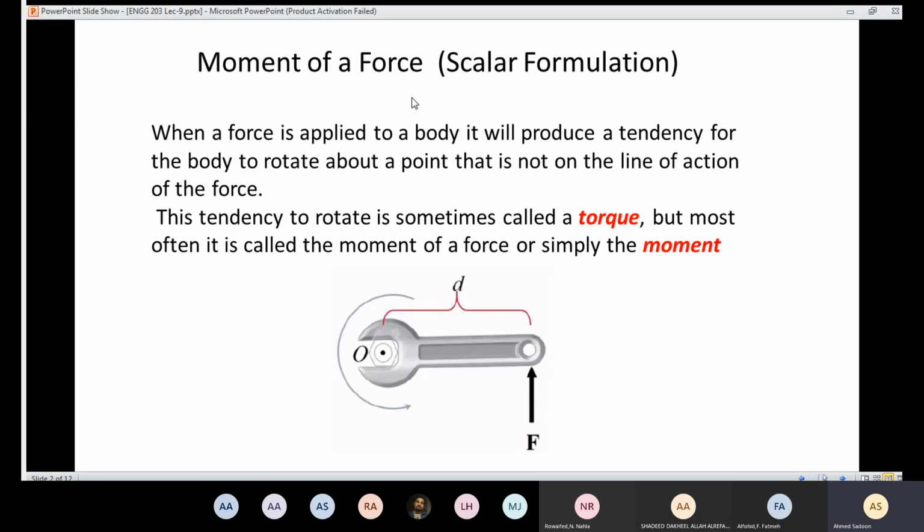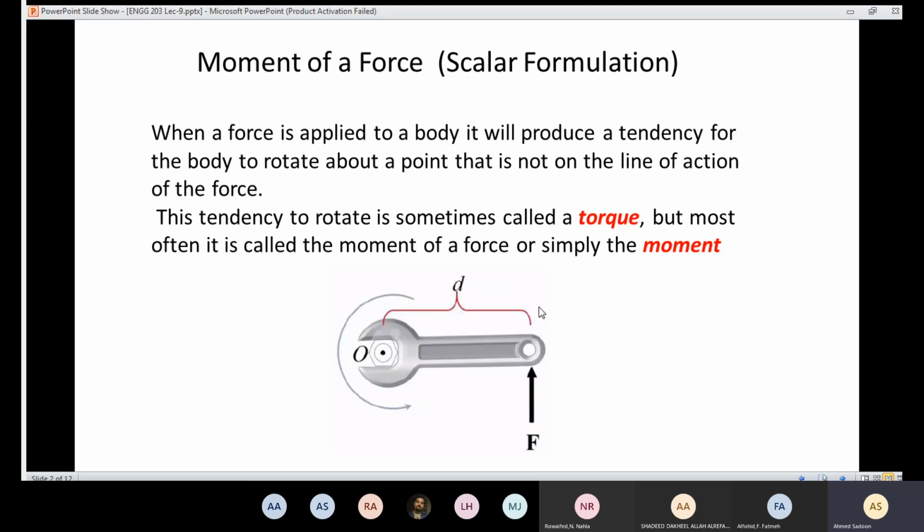But look at the line of action here. If that line of action was here, then you are not going to have a moment of a force. So we have a condition for that. As long as we have the force, if we draw a line parallel to that force, we call this a line of action.